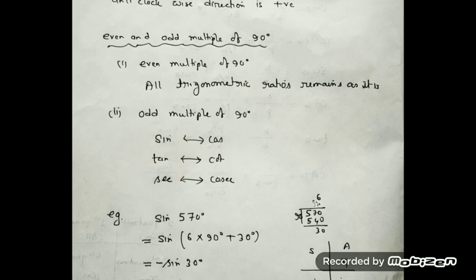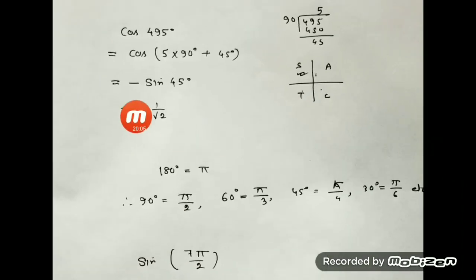I have written sine here, right? And 45 degree is the angle. So we have got the value equal to minus sine 45 degree. And the value of sine 45 degree is 1 by root 2. So the value of cos of 495 degree is equal to minus 1 by root 2.